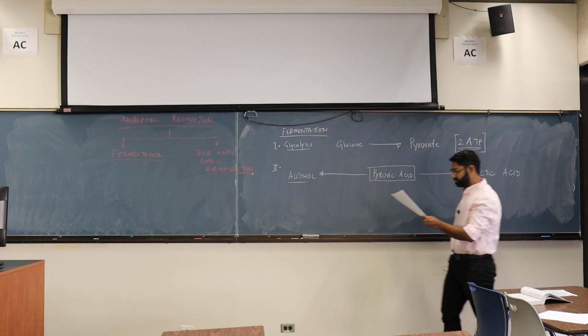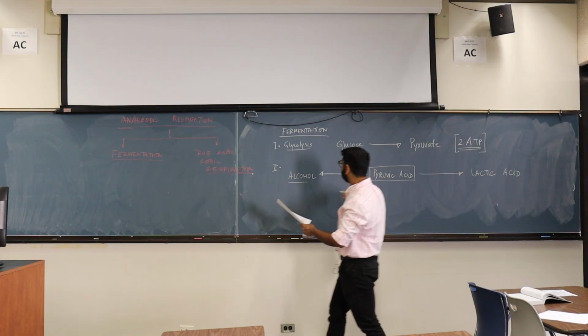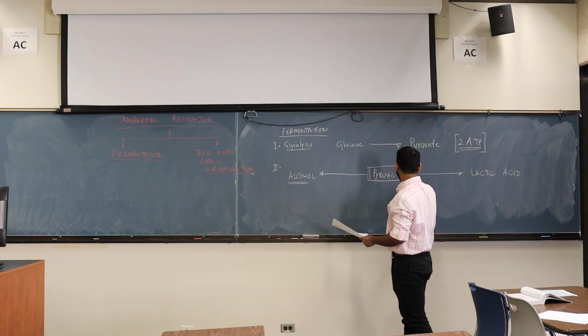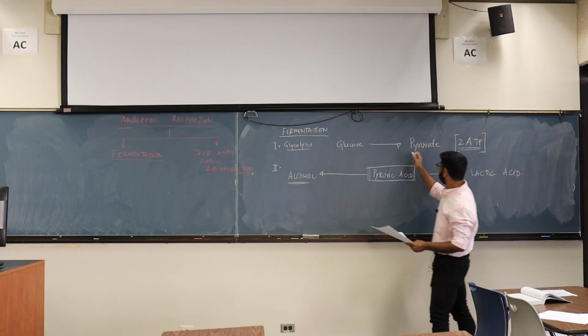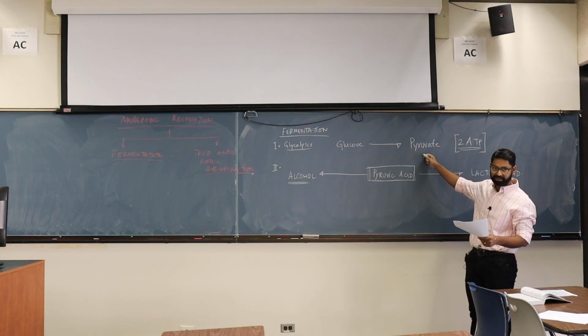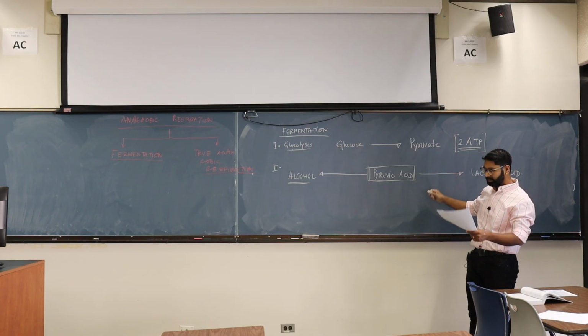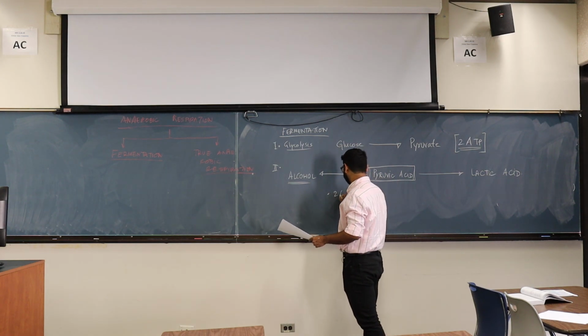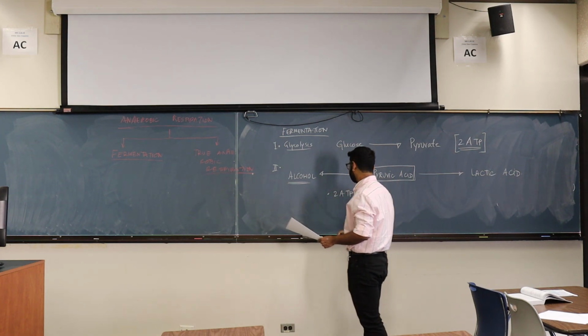In this process, what happens? You end up using the pyruvic acid or the pyruvate that is being produced, but this thing also produces a little bit of energy. It also produces 2 ATPs.